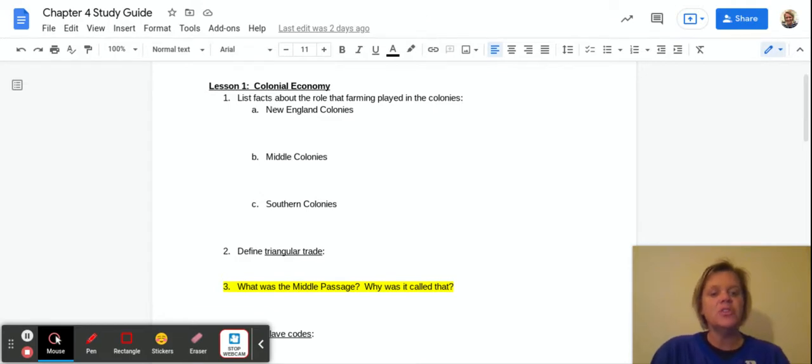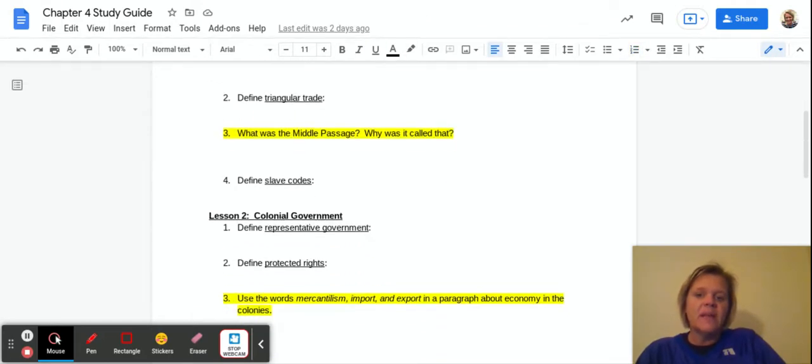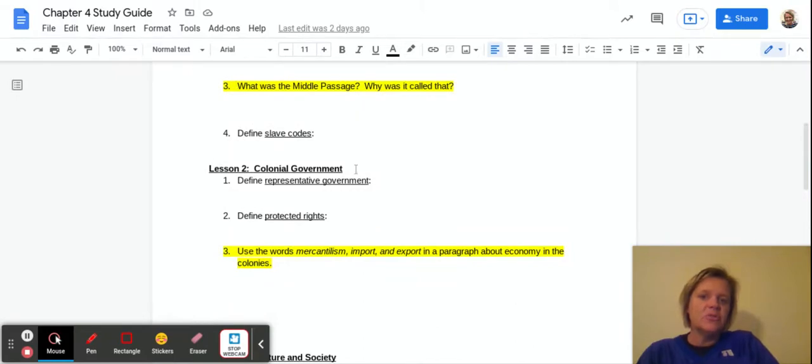So you can use your book and you can use your daily assignment. Remember, you can copy and paste from your daily assignment because it's your work, so it's not plagiarism. If you scroll down, the next one is Lesson 2, Colonial Government. Same situation. Go forward in your textbook and find Lesson 2, Colonial Government.